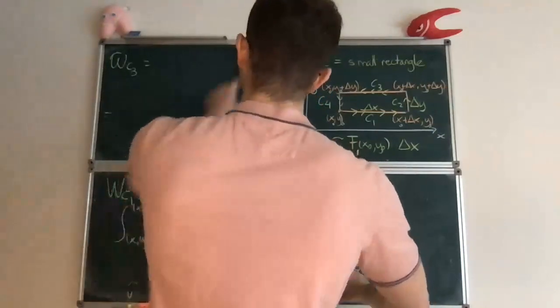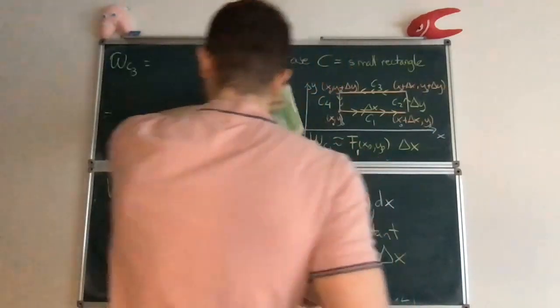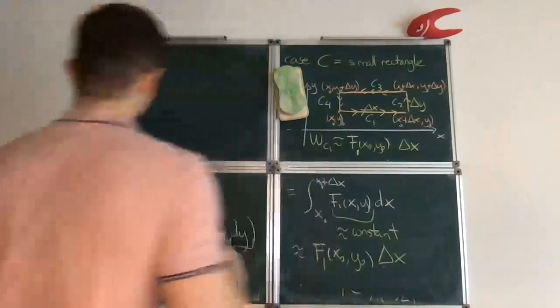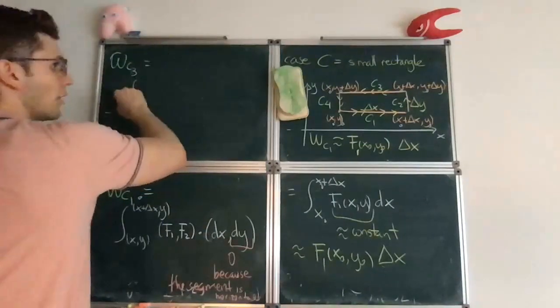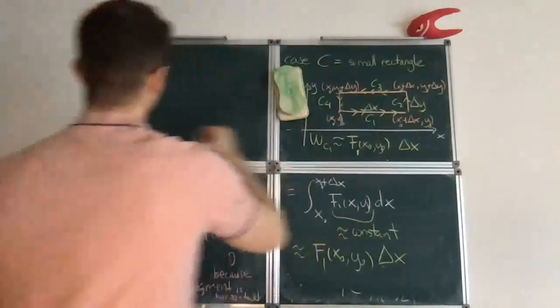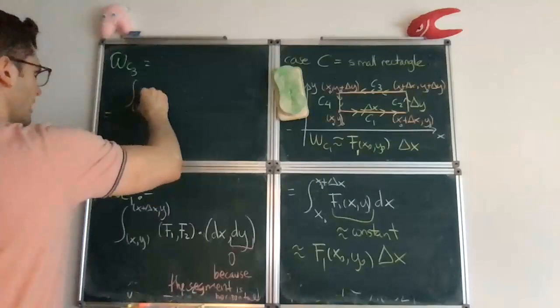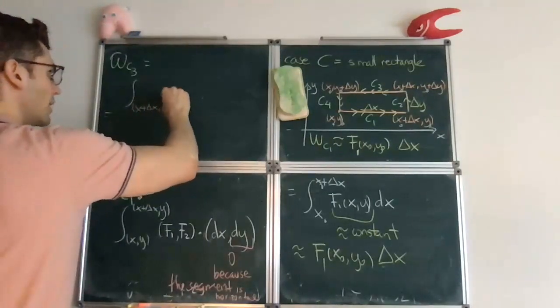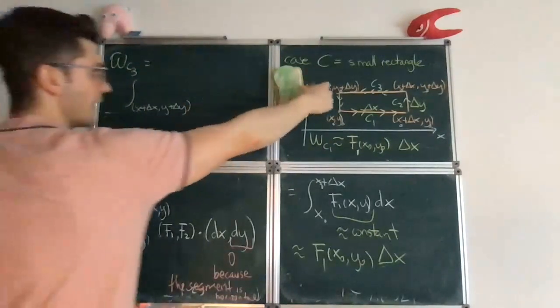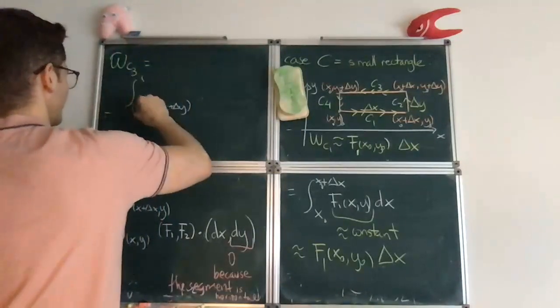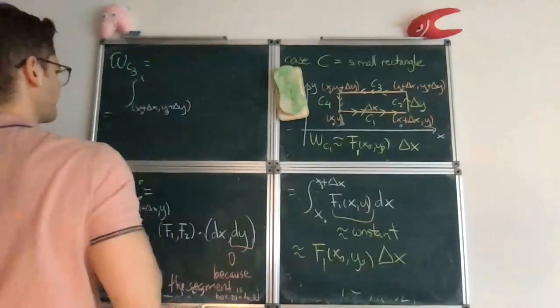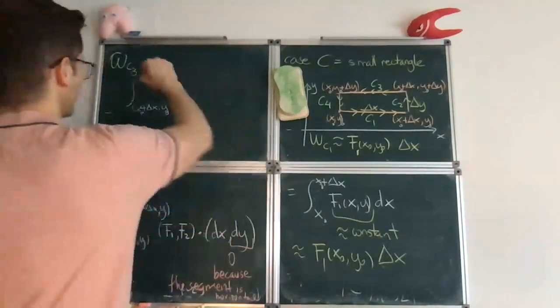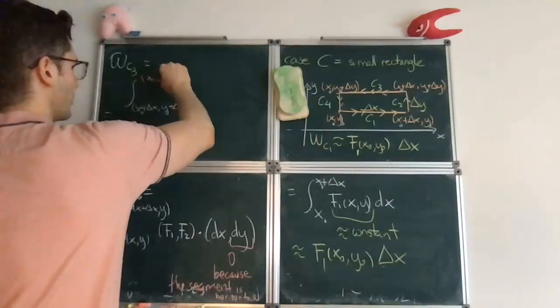The work is really, again, if you use this formula, the integral from, notice that you're starting here, so you put (x naught plus delta x, y naught plus delta y), to the endpoint, which is (x naught, y naught plus delta y).